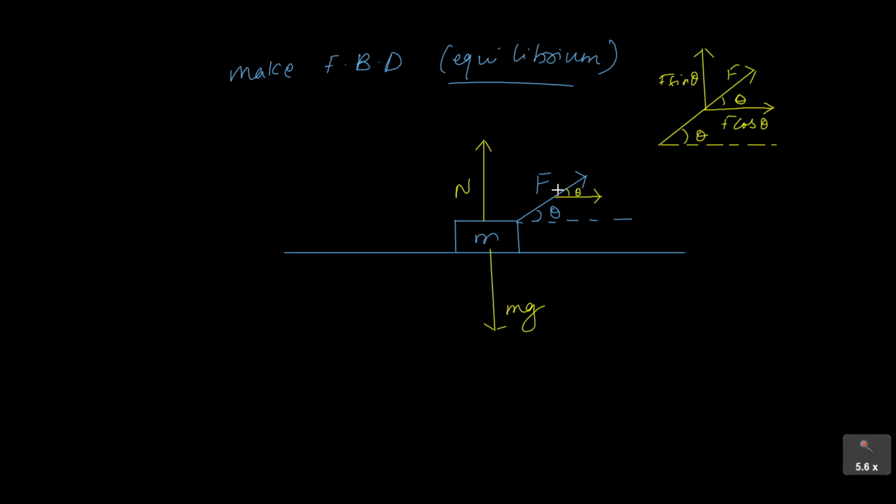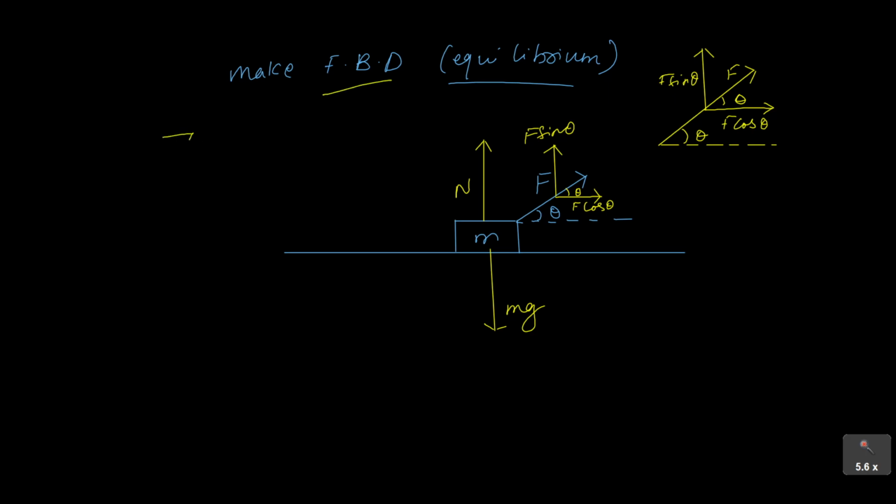Therefore, the side associated with theta is always given by F cos theta, and the side which is perpendicular to F cos theta is given by F sine theta. Now we have resolved all the components. Only one force was there, we have resolved its components, and we have made a free body diagram for this case.